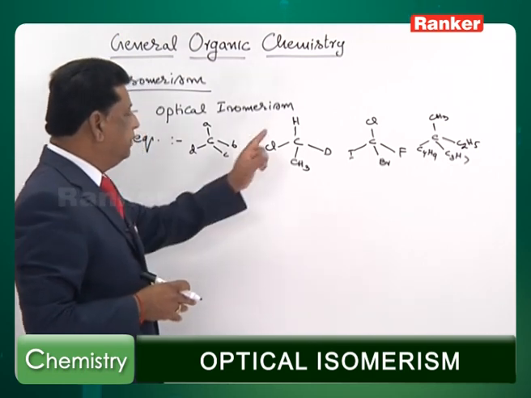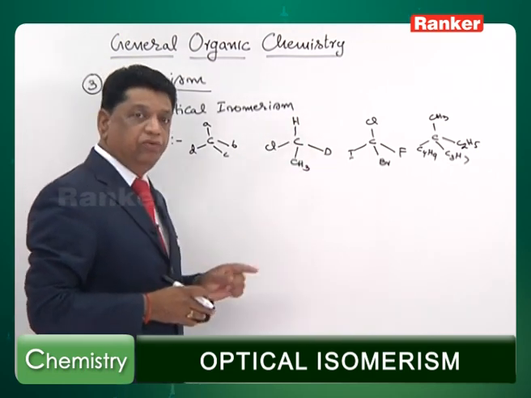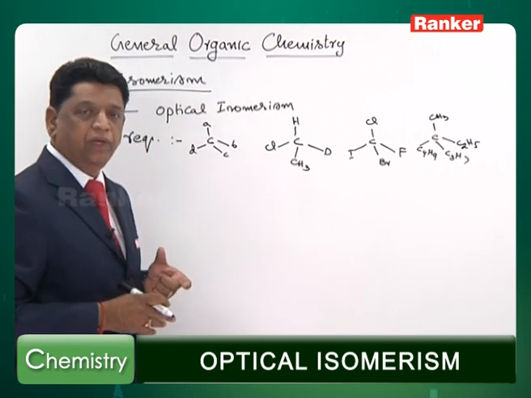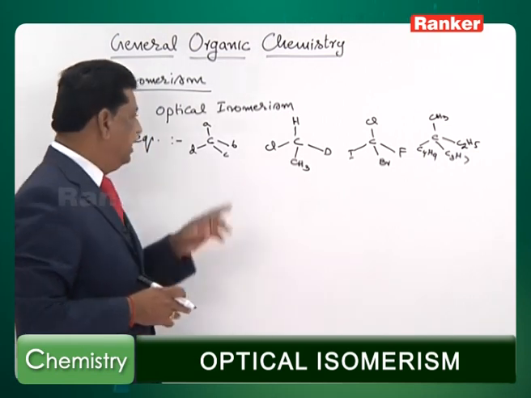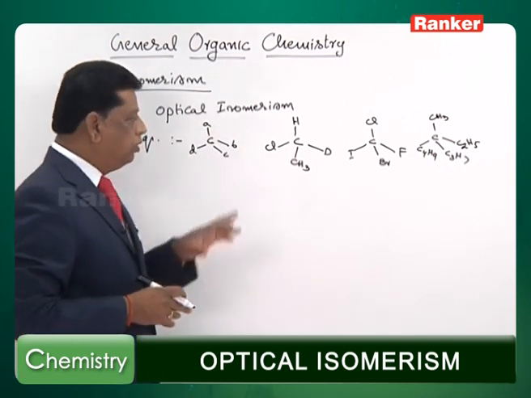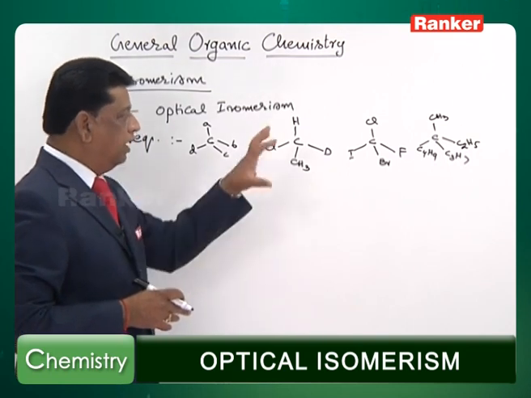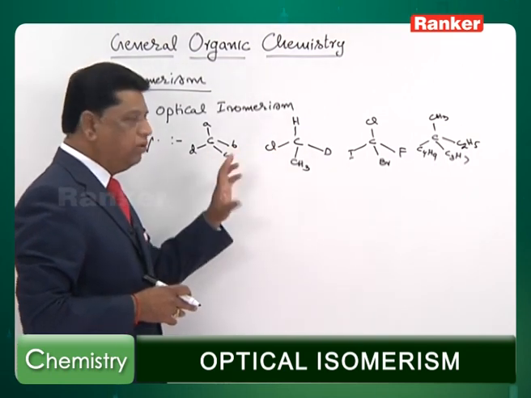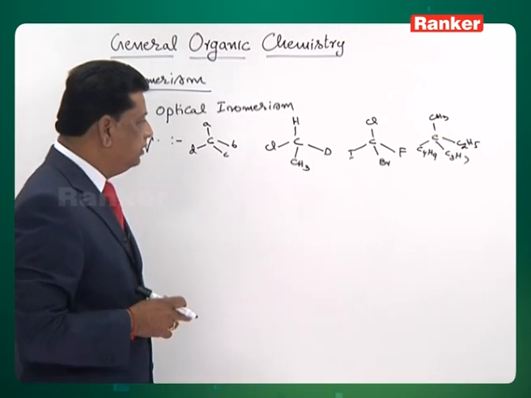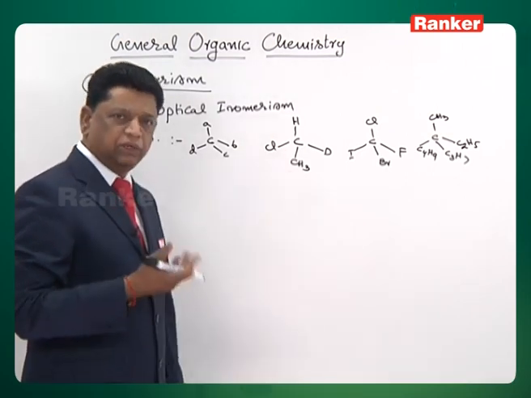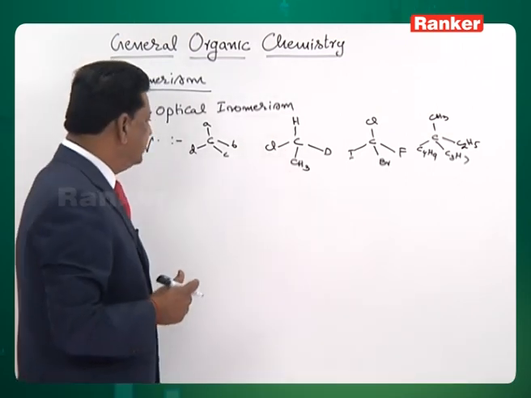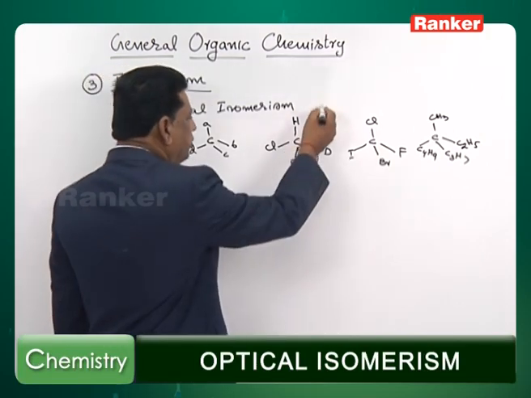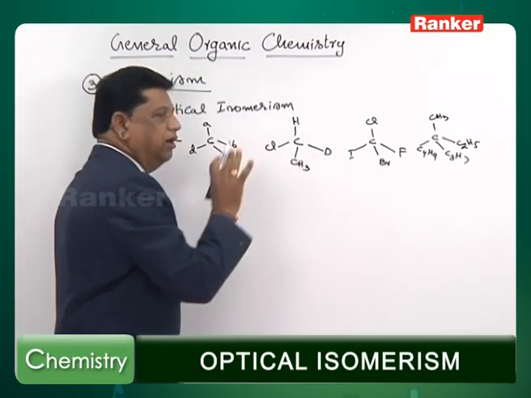Hydrogen and its isomers deuterium and tritium are also allowed as new groups. So all 4 groups should be different; they can be alkyls, or hydrogens, halogens, or any functional groups. In such a case, the compound you cannot cut into 2 halves.